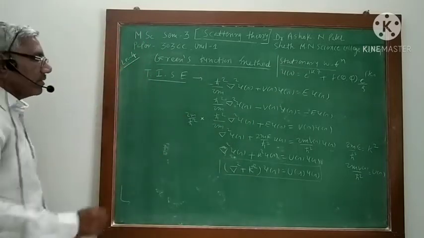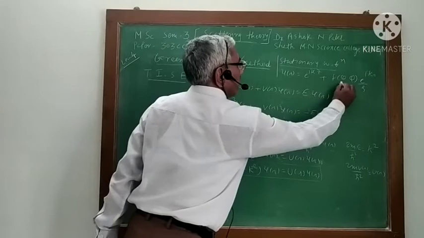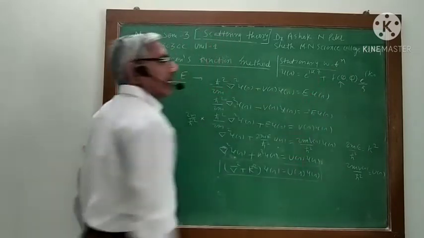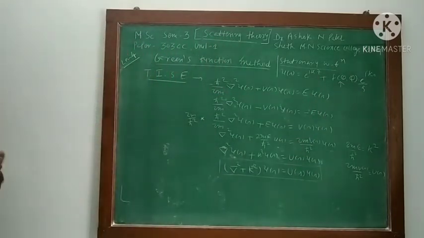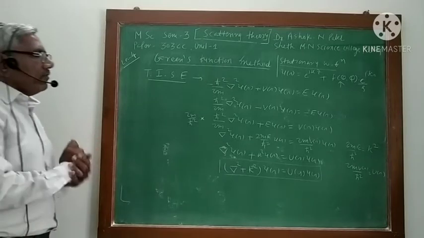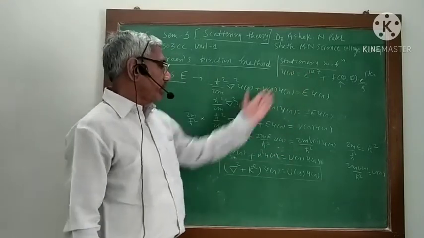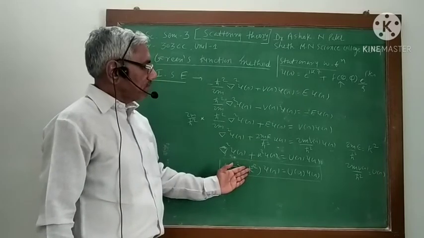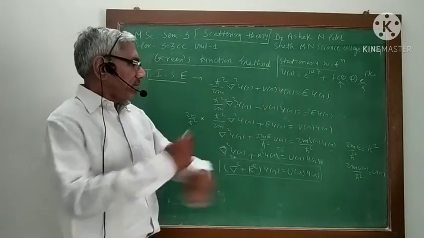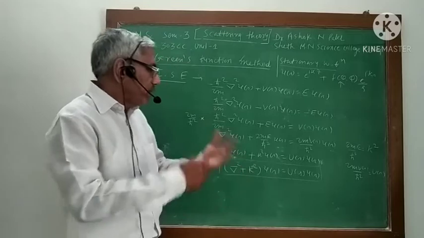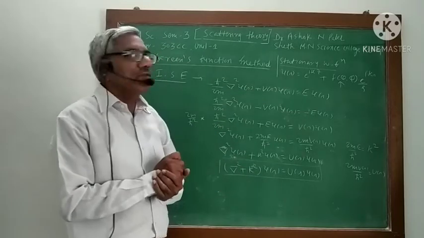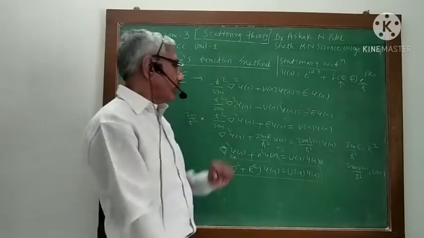Just to remind you, this is nothing but the scattering amplitude. So now what we have to find out? We have to substitute this in this Schrodinger equation, and by some mathematical procedure you can get the solution of a stationary wave. This is one approach.